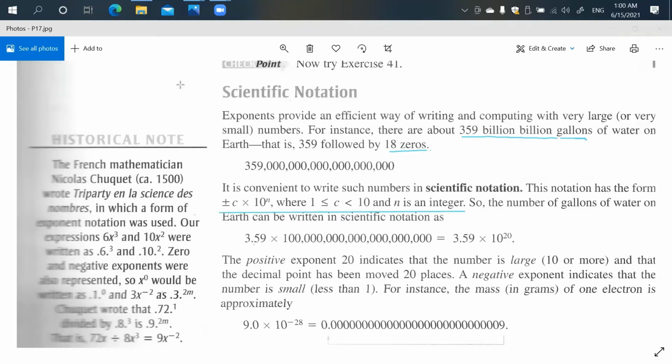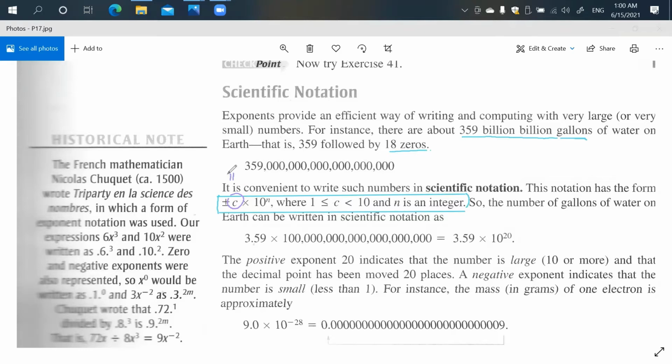We write C, and C represents a real number.